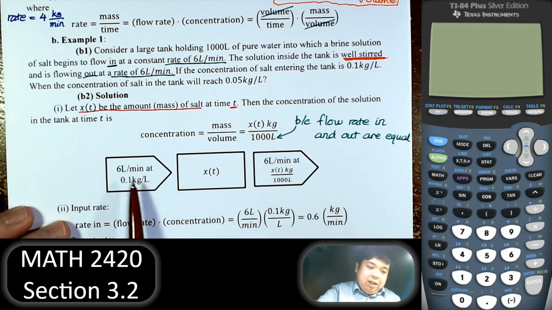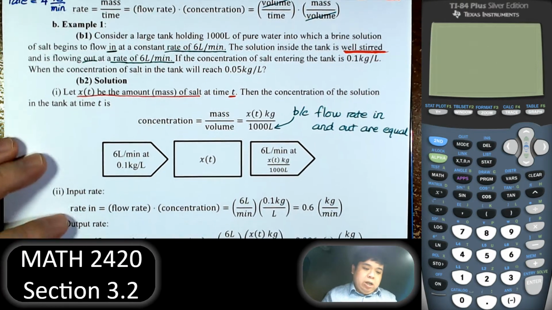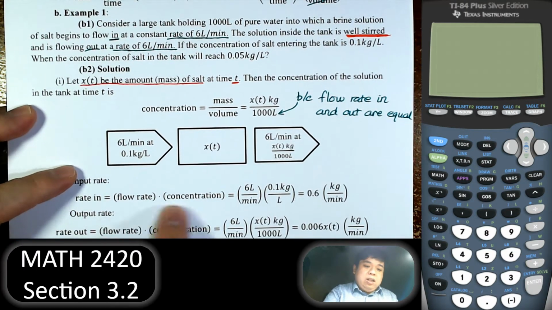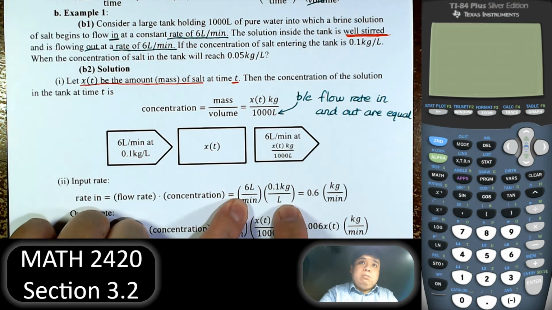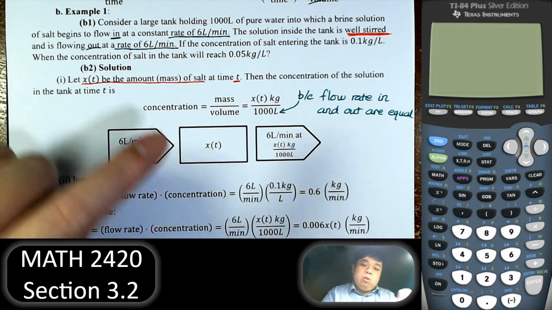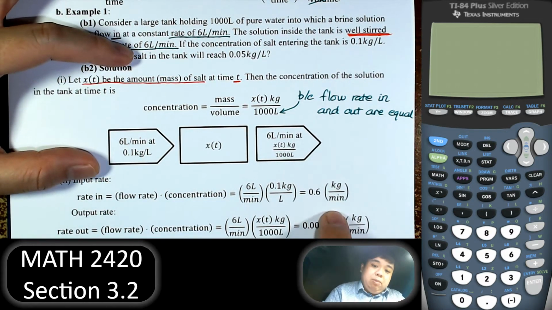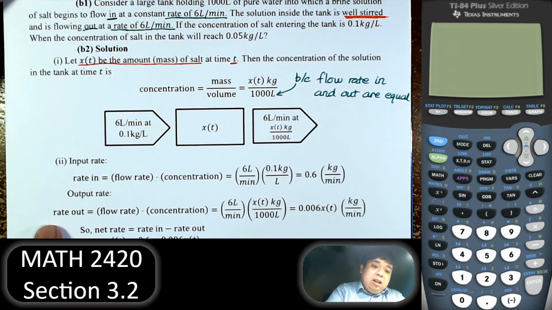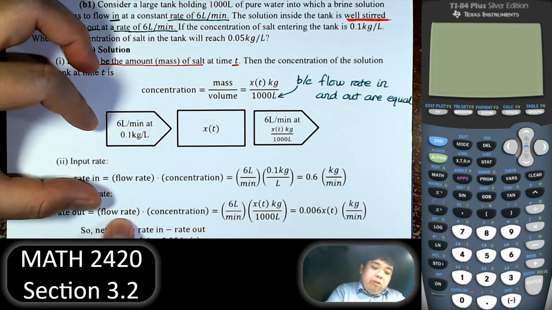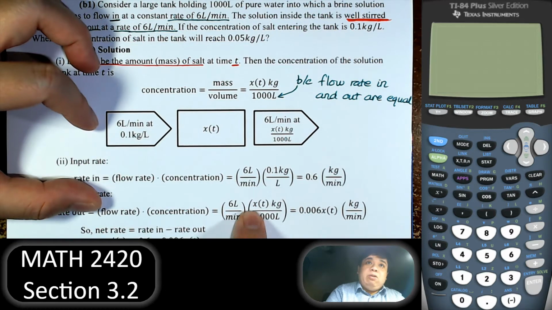Right, so again, that's how we summarize the problem. The rate in, flow rate times concentration, 6 liters per minute times 0.1 kilogram per liter, gives us 0.6 kilogram per minute. The rate exiting the tank, flow rate times concentration, gives us that.